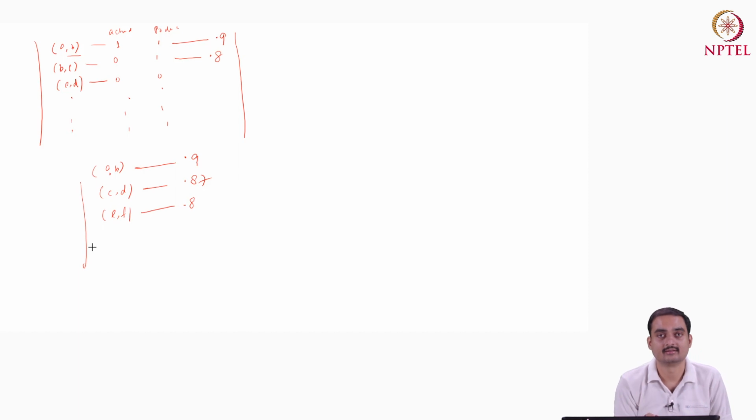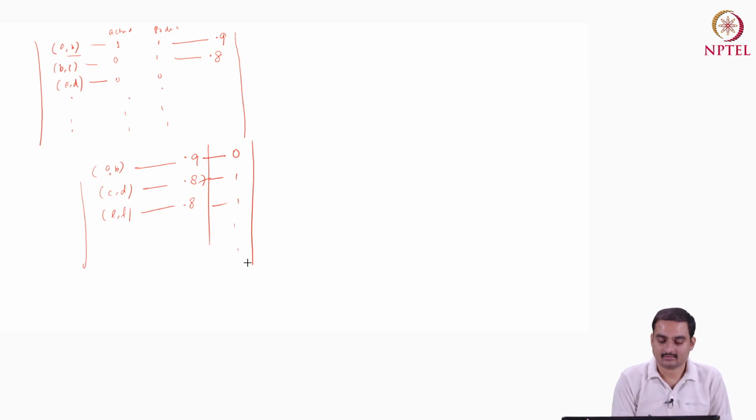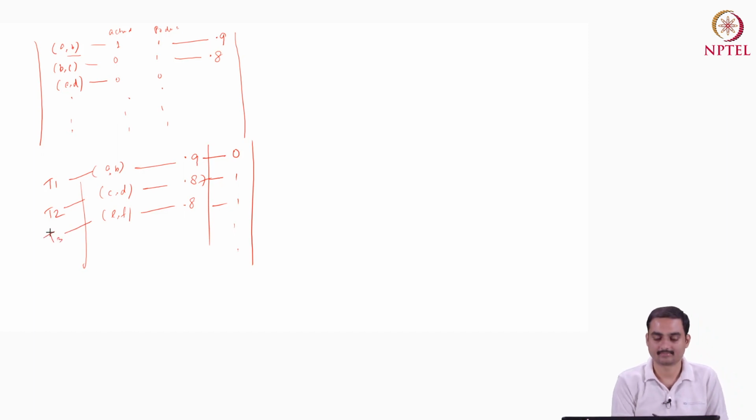We sort based on the probability obtained from the classifier, and we also know their actual labels, say 0, 1, 1, and so on. Now let us assume this sample is T1, this is T2, this is T3, and so on.